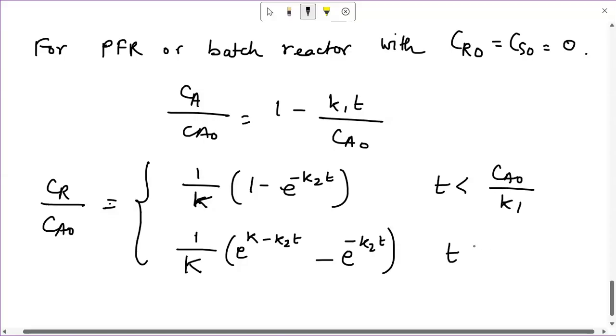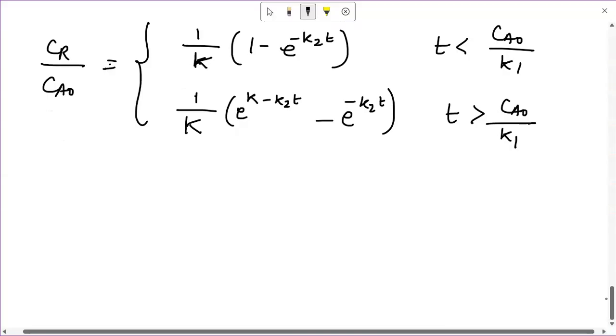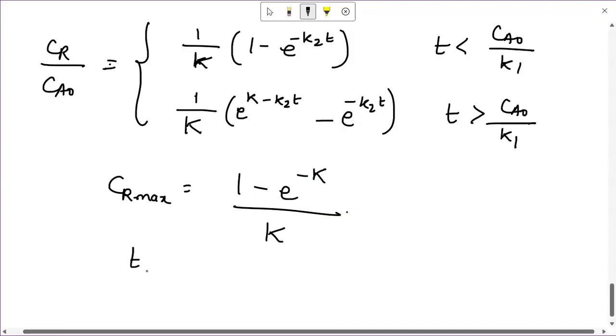This is for T greater than Ca naught by K1. Also, if you want to find the maximum concentration of intermediate, that is Cr max, it equals 1 minus e to the power minus capital K by K, and the corresponding time, Tr max, equals Ca0 by K1.